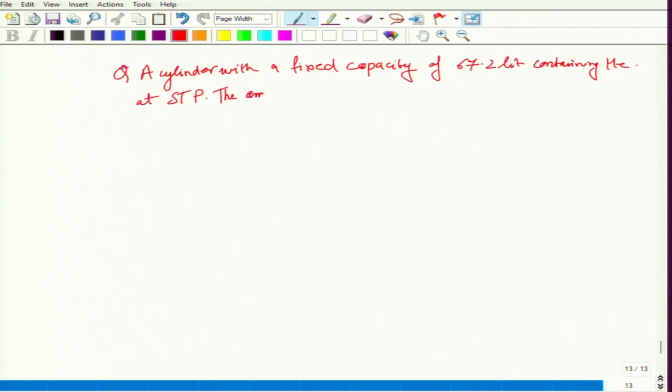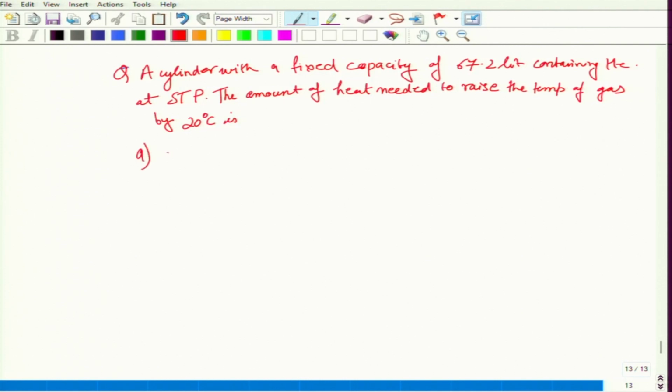The amount of heat needed to raise the temperature of the gas by 20 degrees centigrade is, so options are 350 joule, 700 joule, 748 joule and 374 joule. So I request you to pause the video before knowing the answer.